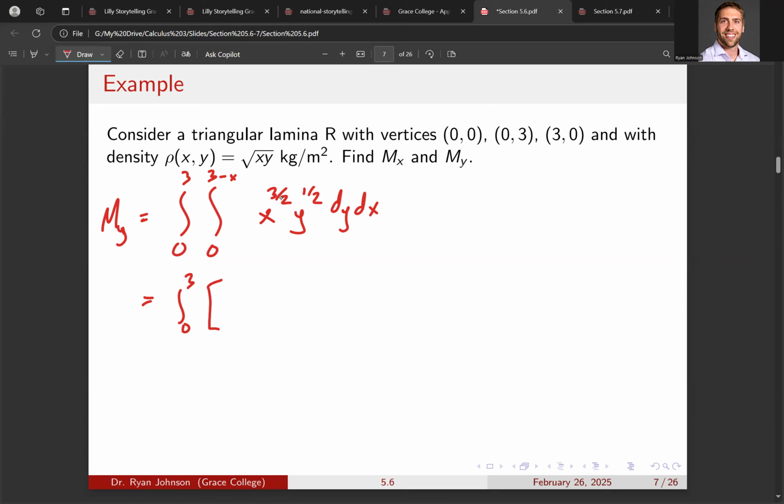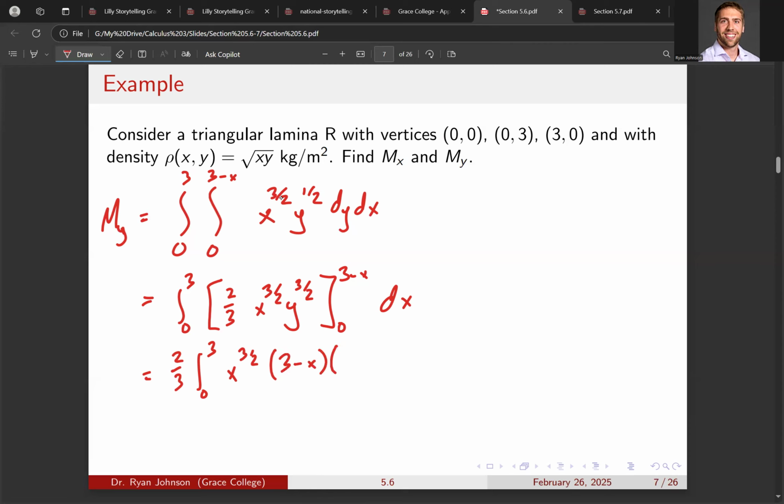integrate with respect to y, and we get x to the 3 halves, y to the 3 halves, times 2/3, from 0 to 3 minus x, dx. Then move the 2/3 out here, 0 to 3, and then we've got x to the 3 halves times basically 3 minus x times 3 minus x to the 1 half.